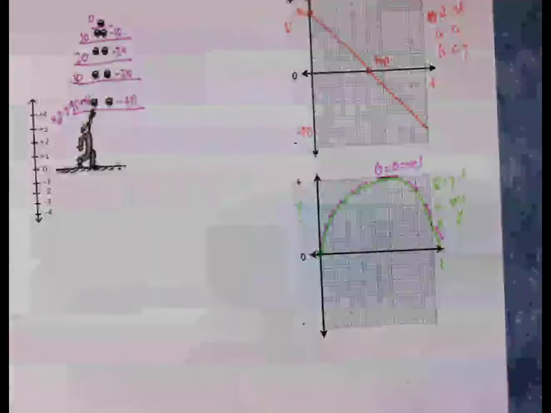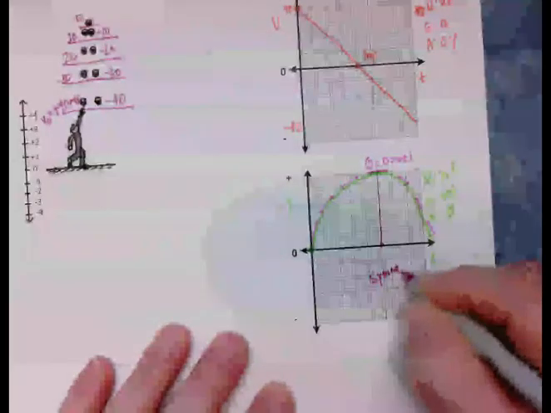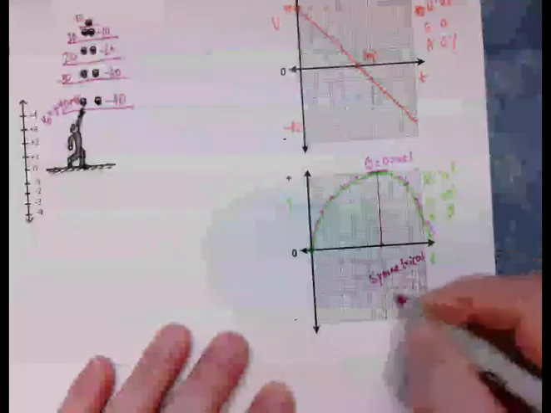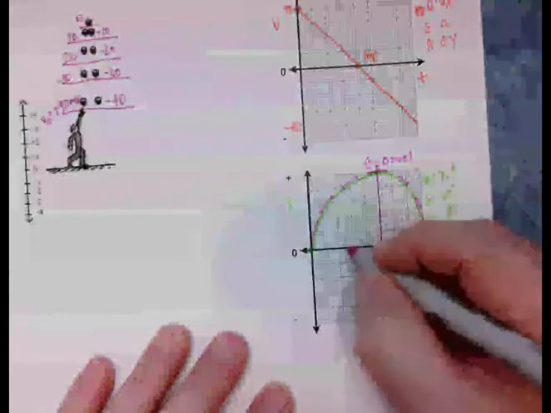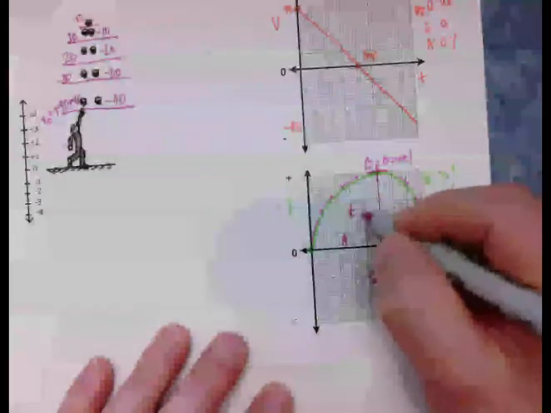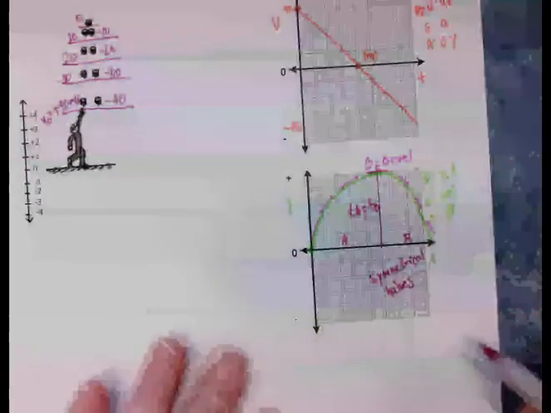What I did not depict well in this drawing is that these are perfectly symmetrical. They're symmetrical halves. And this line of symmetry that runs through it splits the time. If we call this time A and this time B, time A equals time B. So there is this symmetry of time.